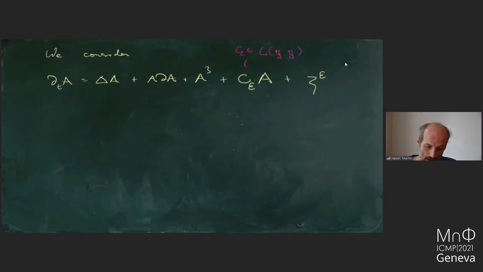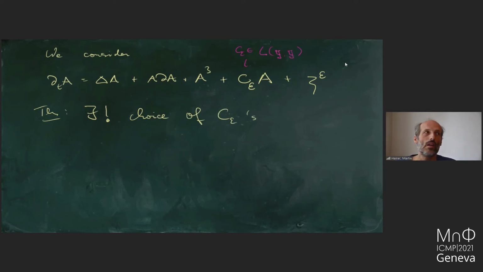And so now the claim, or the theorem, if you want, is that there exists actually a unique choice of C epsilons, and that choice is actually proportional to the Casimir, which is the identity if the Lie group is simple.